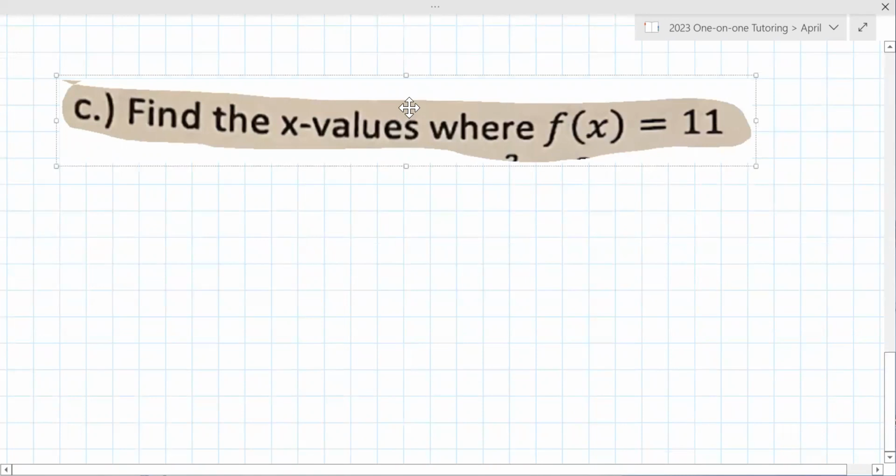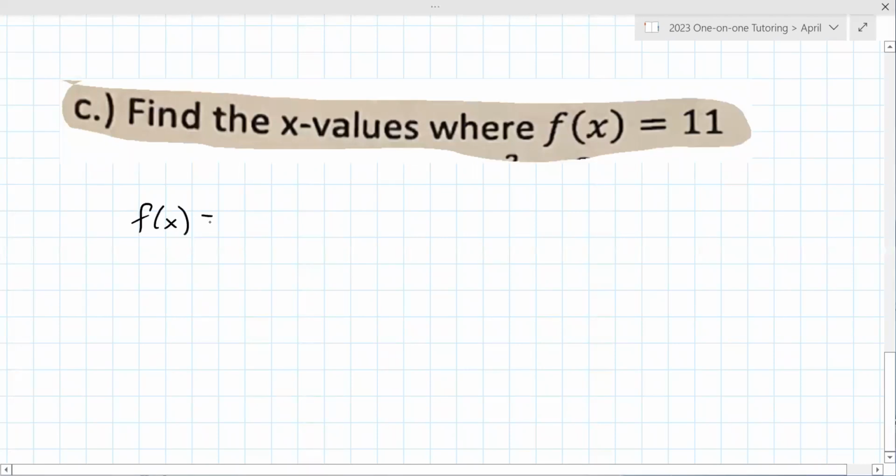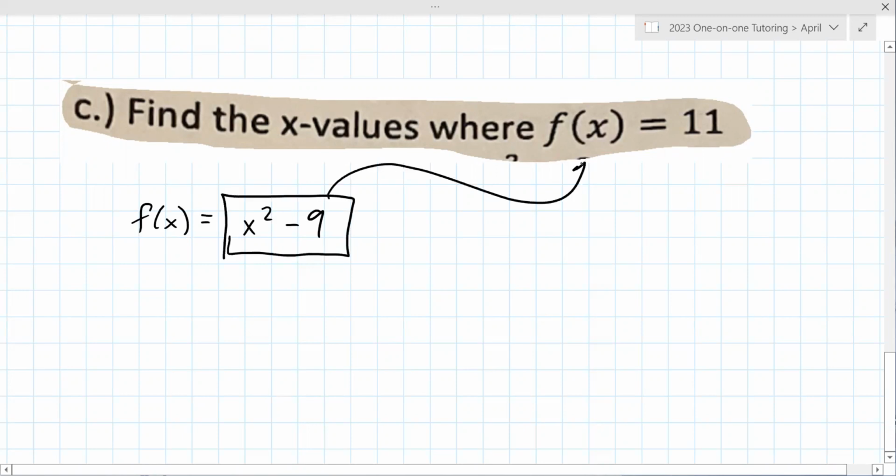All right, find the x values where f of x equals 11. F of x is referring to the x squared minus 9. So x squared minus 9 is f of x. You're setting x squared minus 9 equal to 11.